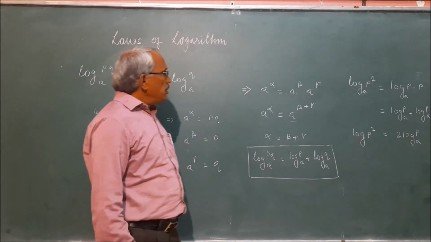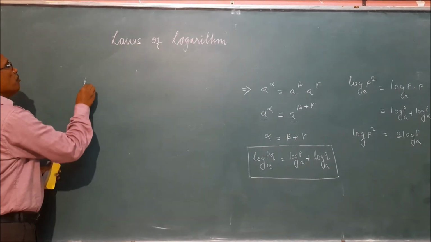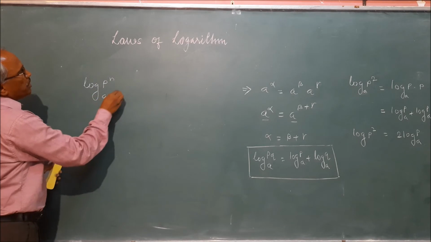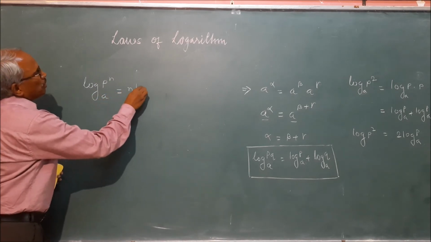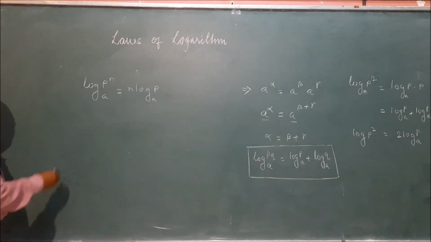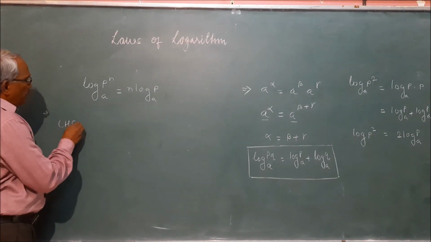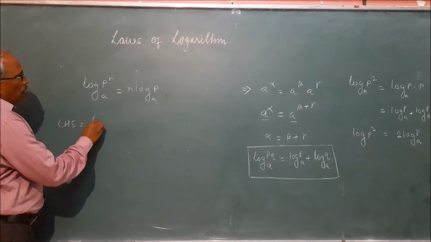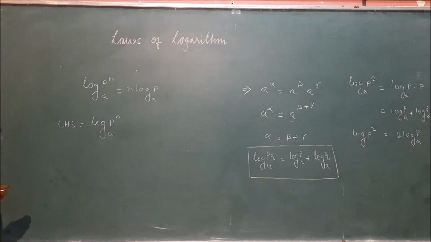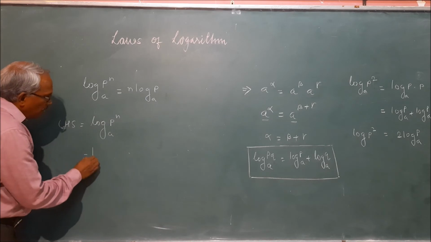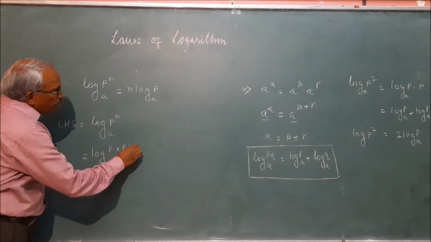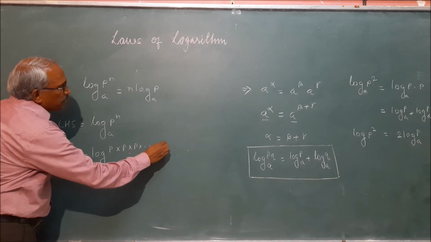Suppose we do this one simple theorem: log of P raised to n to the base A is equal to n log P to the base A. Now let us take the left hand side here. Left hand side is equal to log of P raised to n to the base A. So this can be written as log of P into P into P into dash dash n times.